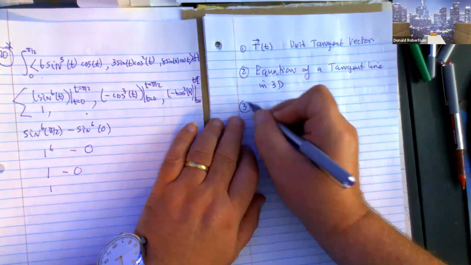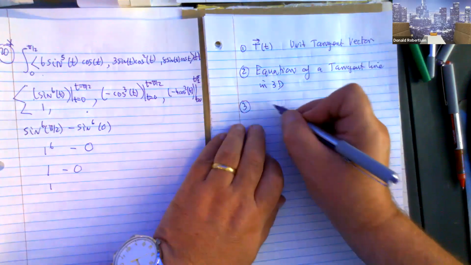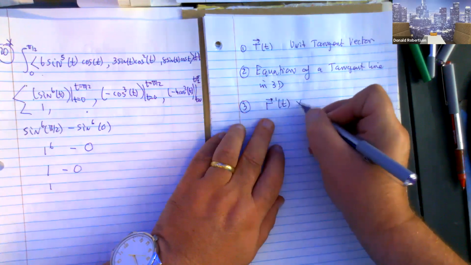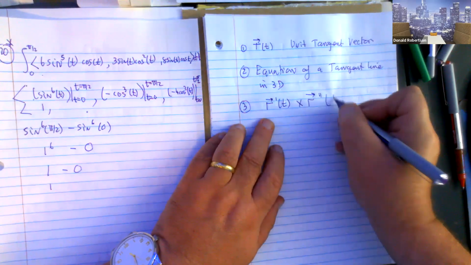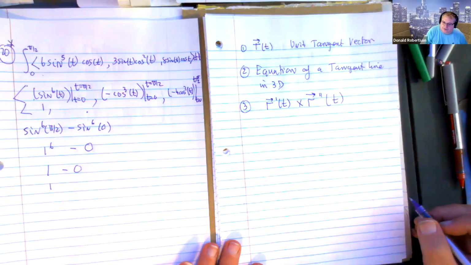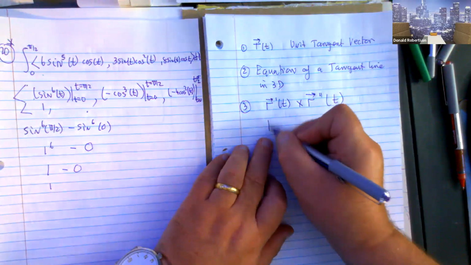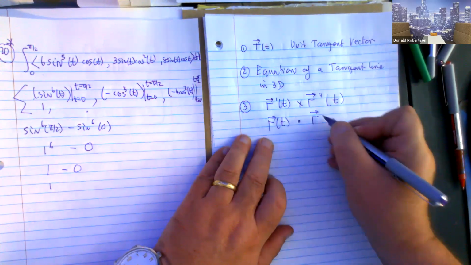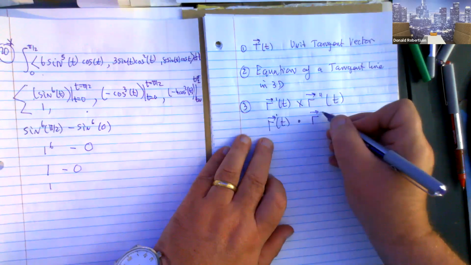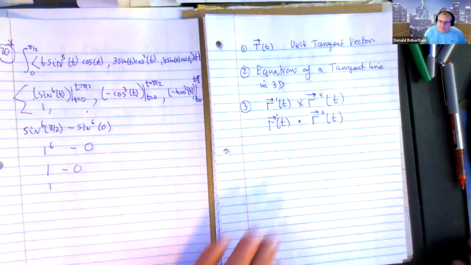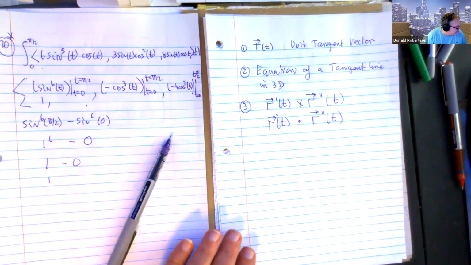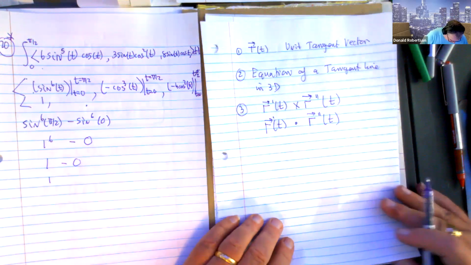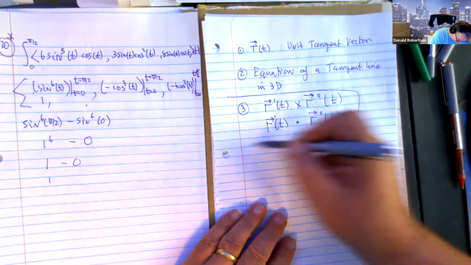And the last thing, although I might do them in a different order, is we are going to find the cross product of a first and second derivative, and the dot product of a first and second derivative. Okay, so I think I'm going to do that one first.